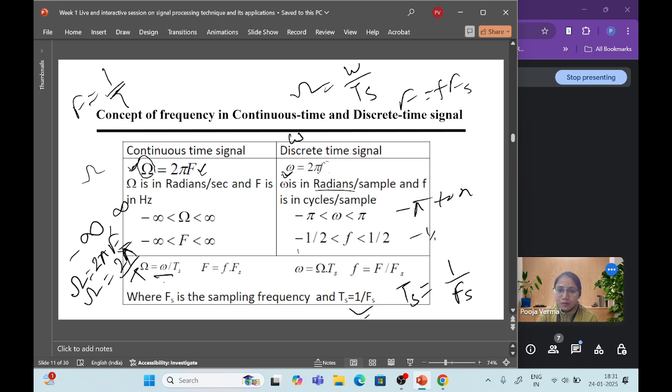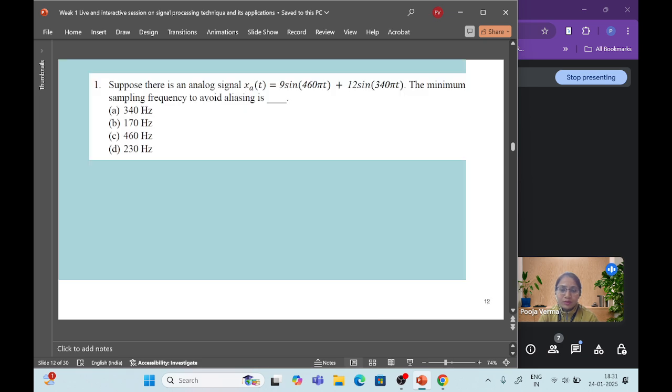So these are the concepts which have been covered this week. Now we will move to some questions and problems which may help you solve your assignment problem. The first question: suppose there is an analog signal xa of t equal to 9 sine 460 pi t plus 12 sine 340 pi t.